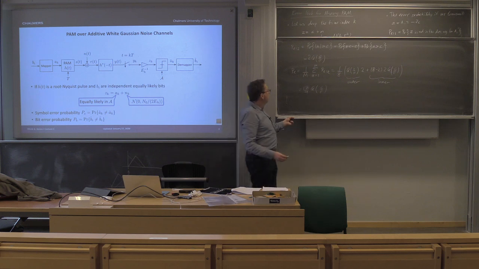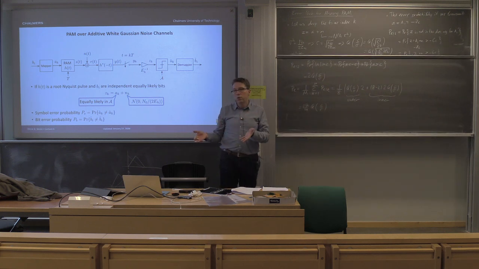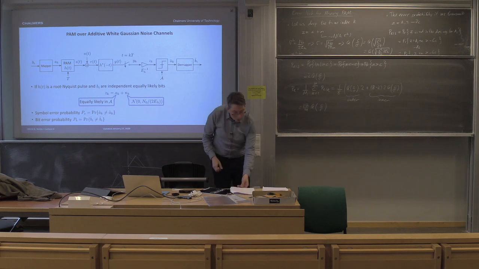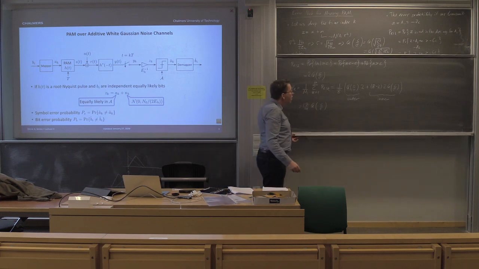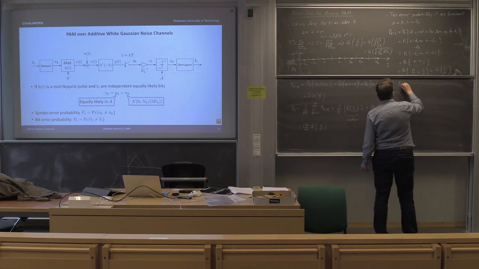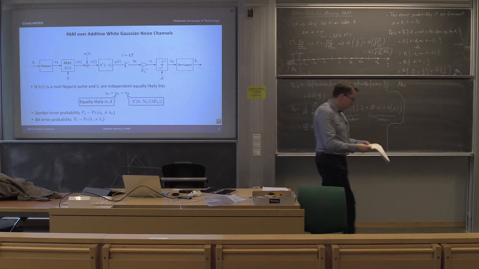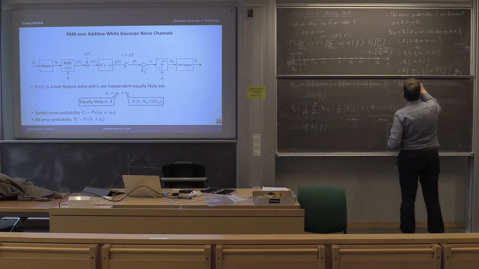Okay, so how do C and sigma relate to the noise and the transmit power? I will just go through that and then we'll break for the day. C divided by sigma is equal to the square root of C squared over sigma squared.